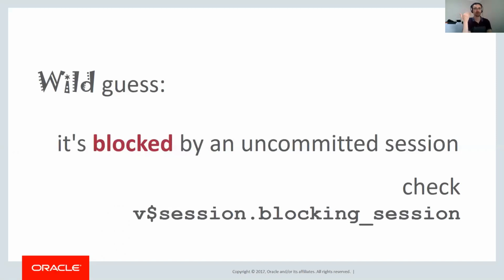So you've got to wait for that session to either commit or roll back, at which point the second session can then validate against that unique constraint or primary key and go, that value 1 already exists, and throw the ORA-00001 unique constraint violation error. Or if they roll back, go ahead and process.